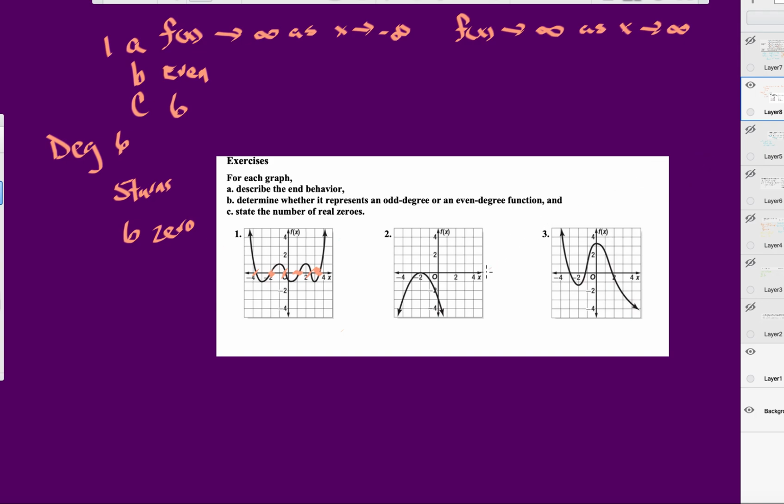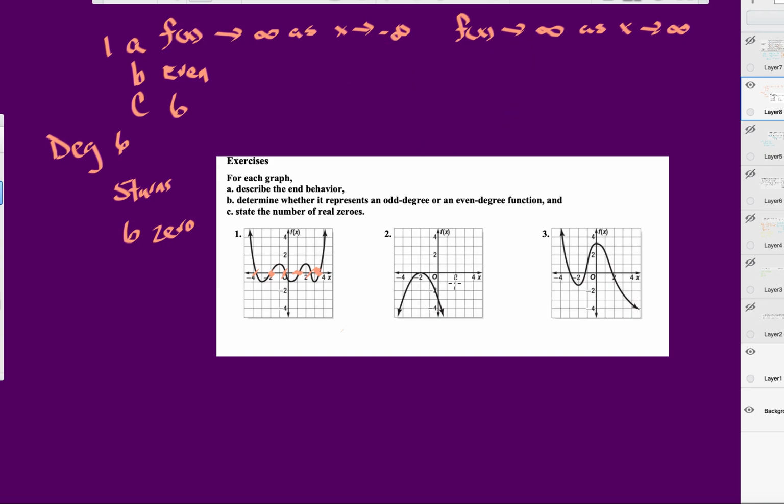This also is an even function, right? Because both ends are pointing downward. So it has a negative feel. So it would be as f of x approaches negative infinity as x approaches negative infinity.